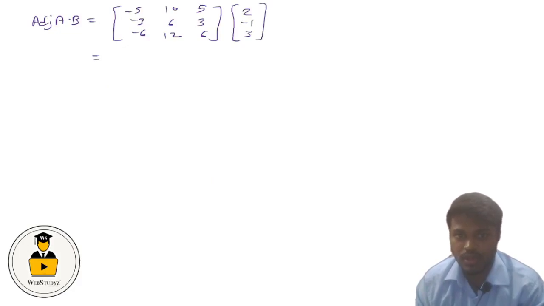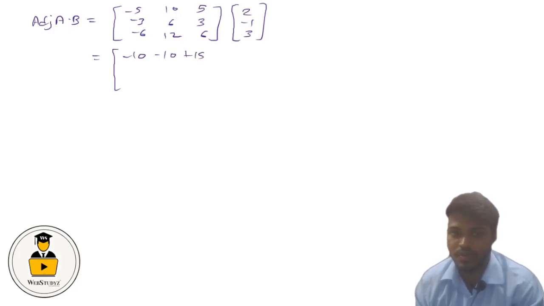So let us calculate this. So this will be equal to minus 5 into 2, which is minus 10, plus 10 into minus 1 will be minus 10, plus 5 into 3 is 15. So this will be minus 10 plus 15.